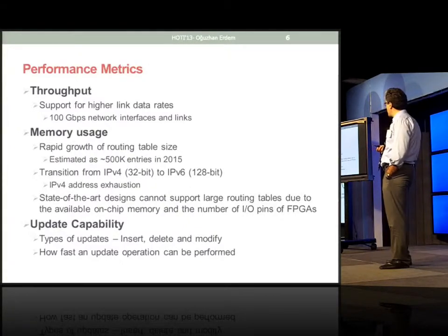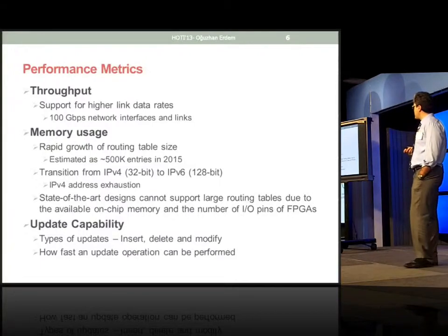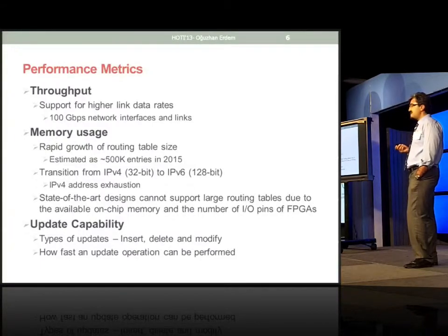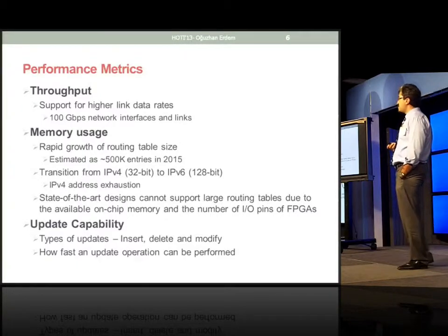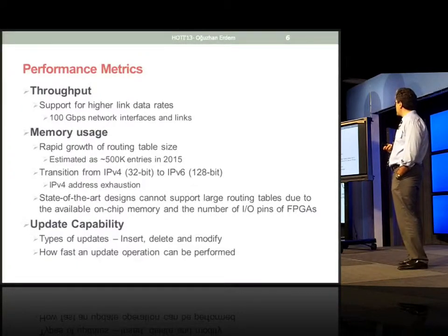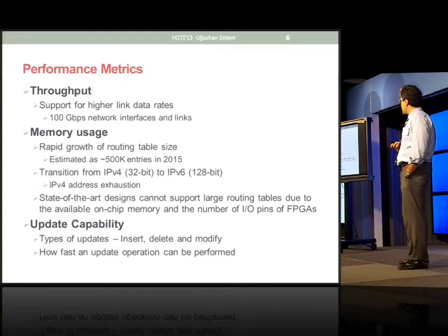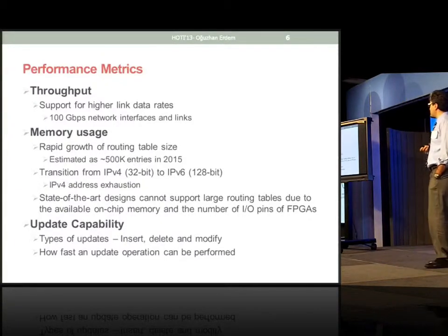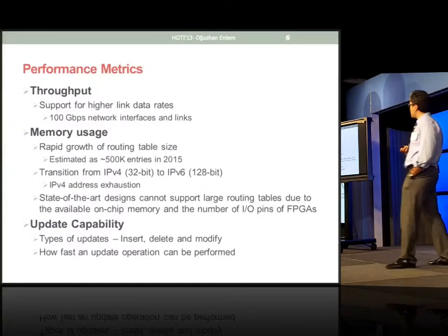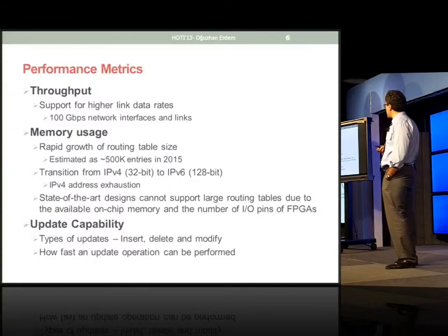IPv6 provides much wider address space. In IPv6, the size of the IP address is extended from 32 bits to 128 bits. Also, that transition is going to have a great effect on the growth of the routing table size.